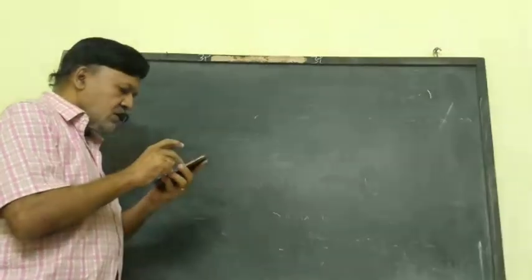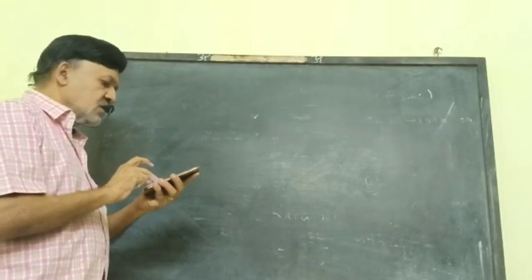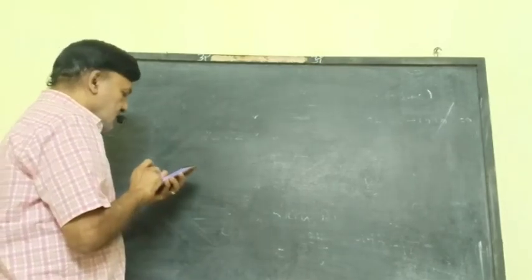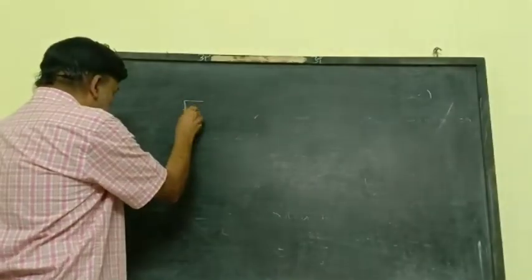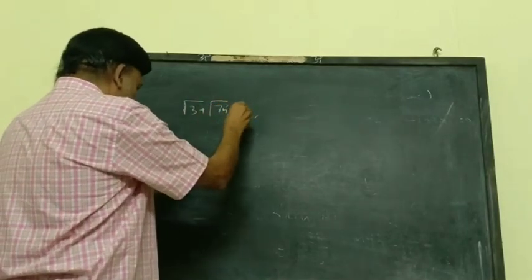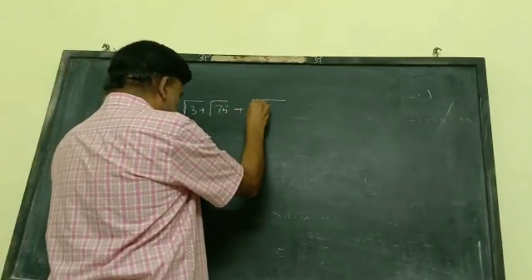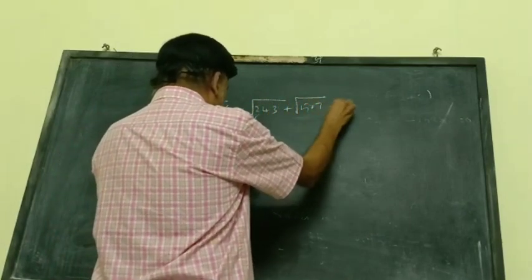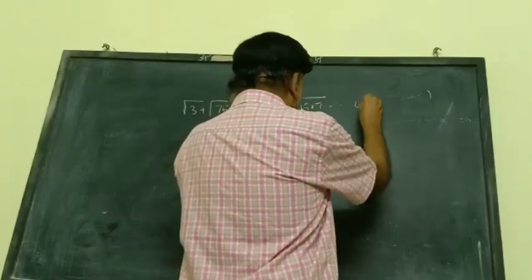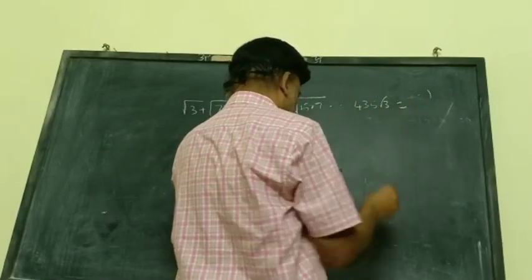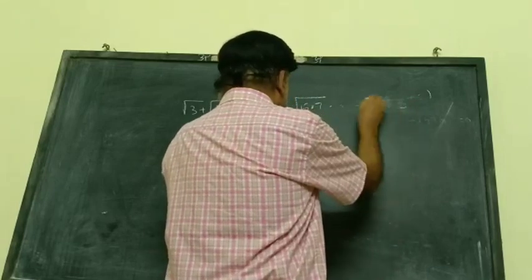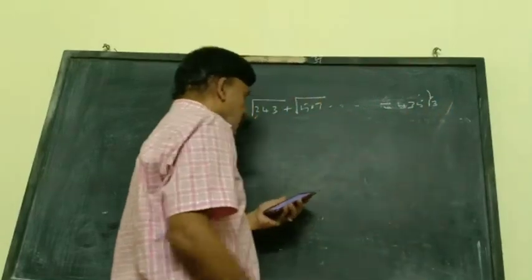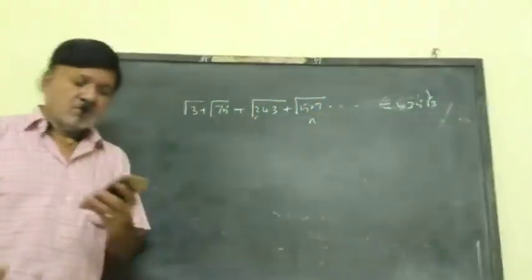See, the next question is the sum of first n terms of the series root 3 plus root 75 plus root 243 plus root 507 up to n terms is equal to 435 root 3. Find the value of n.